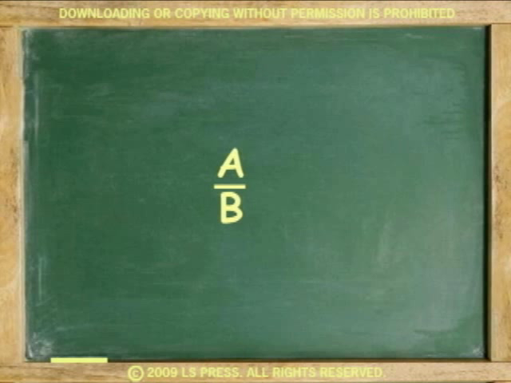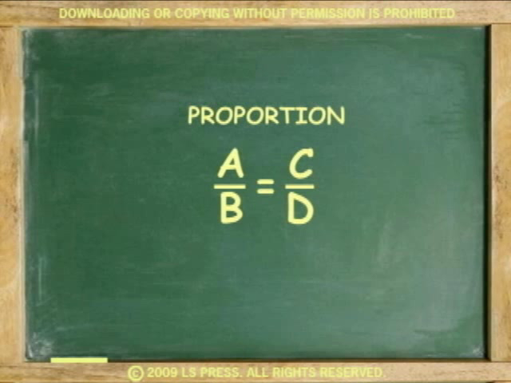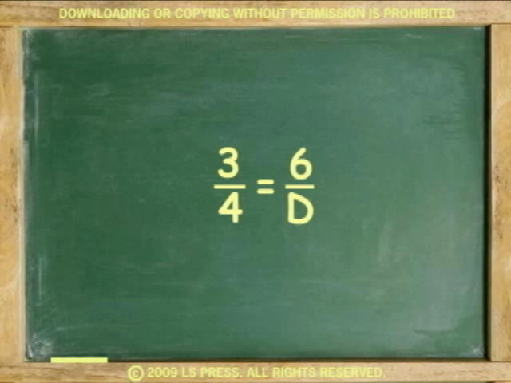Now that you know what a ratio is, we can then state that a proportion is an arithmetic sentence stating that two ratios are equal. For example, A is to B as C is to D. Or if A equals 3, B equals 4, C equals 6, and D equals 8, then 3 over 4 equals 6 over 8.